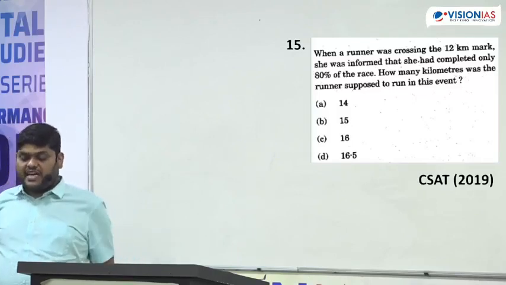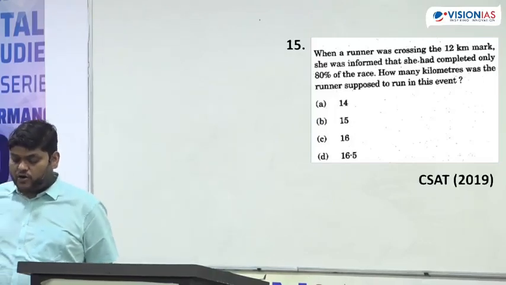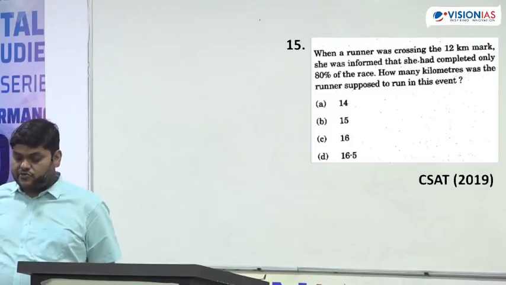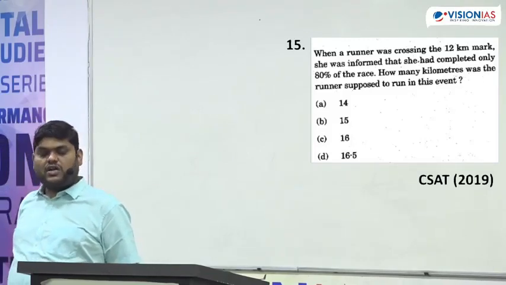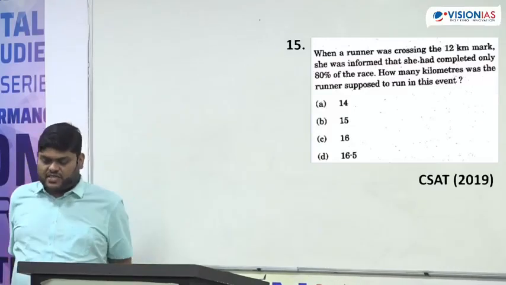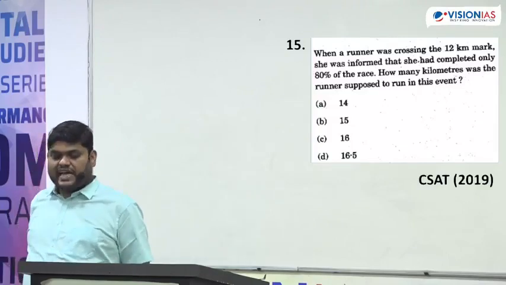Now question number 15. Okay? The question is, when a runner was crossing the 12-kilometer mark, she was informed that she has completed only 80% of the race. This is the question which I have taken in the first class. How many kilometers was the runner supposed to run in the event?